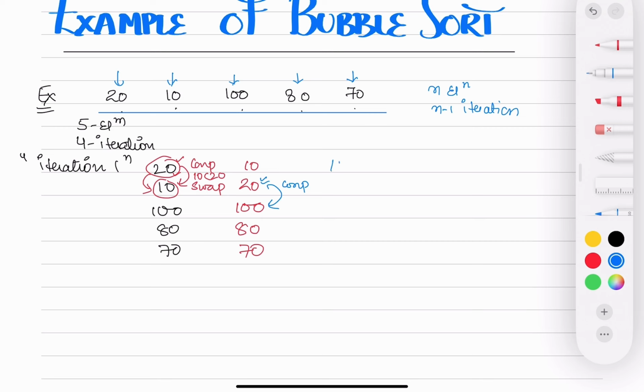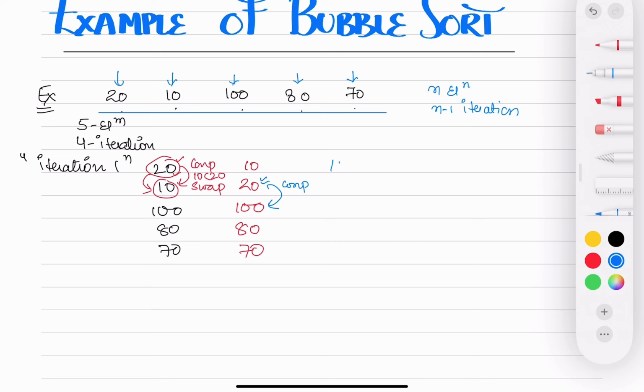That is iteration 1. Now iteration 2, we continue from what we have here: 10, 20, 80, 70, and 100. The 100 is already sorted, so we will not consider it. 10 and 20, only comparison, no swap, it is at the right position.